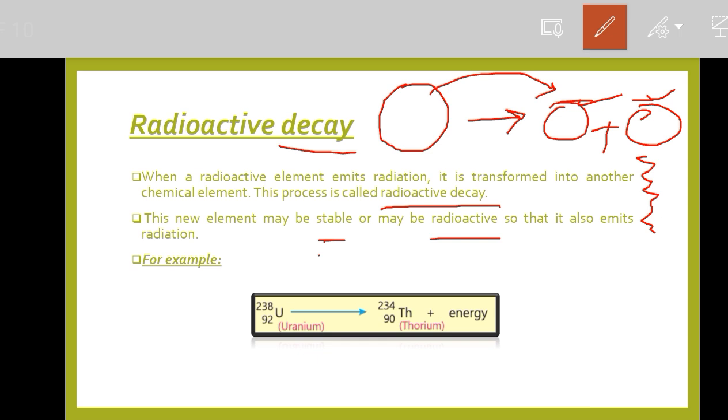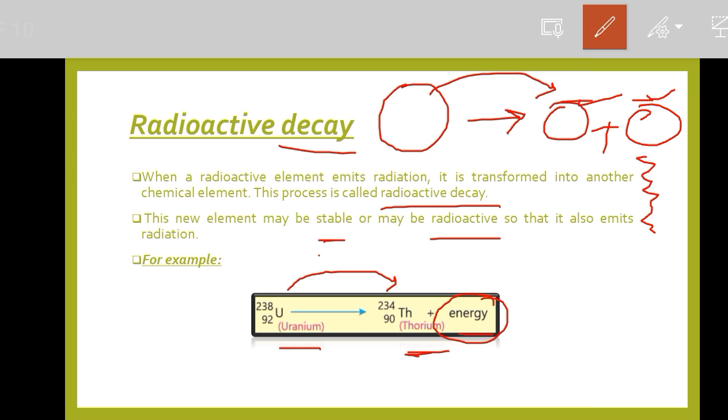Here is an example of radioactive decay. Uranium is a radioactive isotope that decays over time and decomposes into thorium, which is another element of the periodic table. So uranium breaks into thorium and releases energy, meaning radiation.